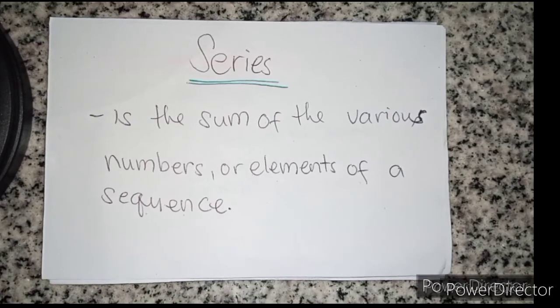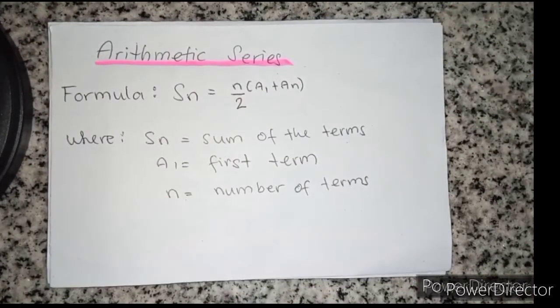Okay. So now let's have the formulas. So we have the arithmetic series. For the arithmetic series, we have S sub n is equal to n over 2 times a sub 1 plus a sub n, where S sub n is the sum of the terms, a sub 1 is the first term, and n is the number of the terms.